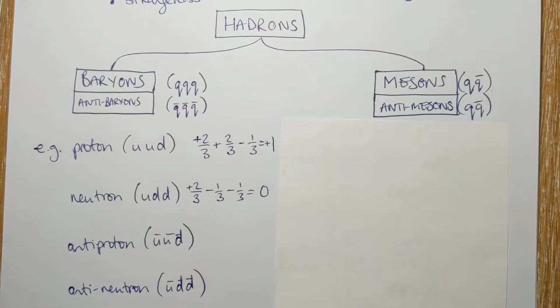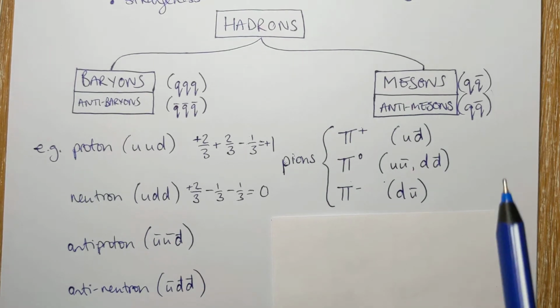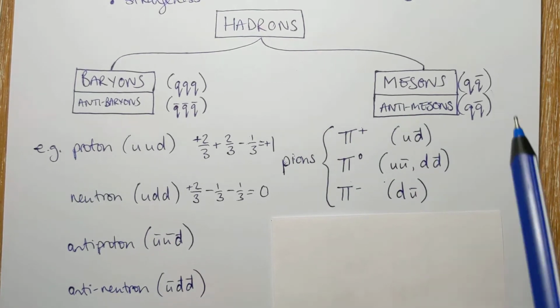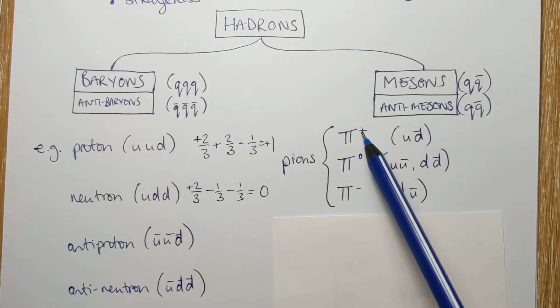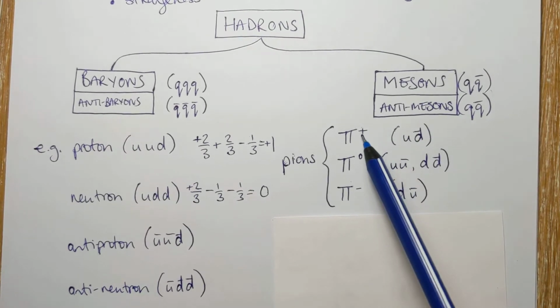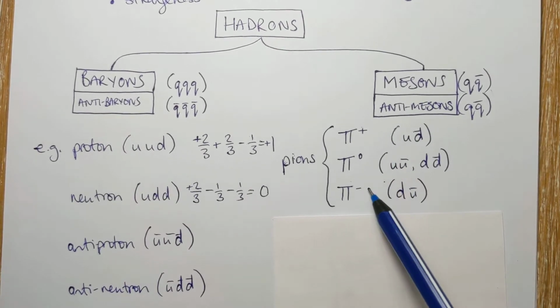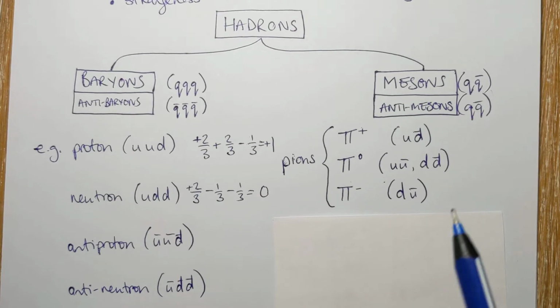So the mesons that you want to be familiar with are the ones that you can make just out of ups and downs, and those ones are called pions, and the symbol is a pi. And the charge of the pion is put in the top right there, so you can just distinguish between them.